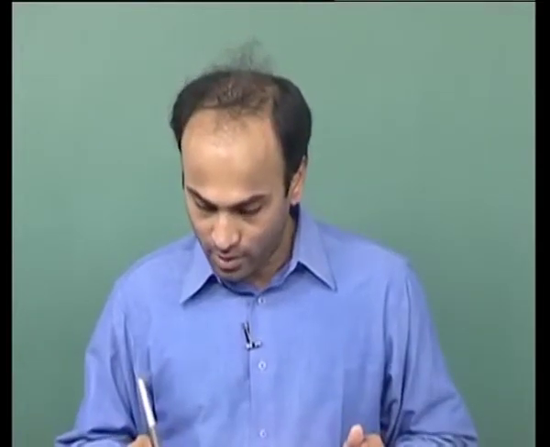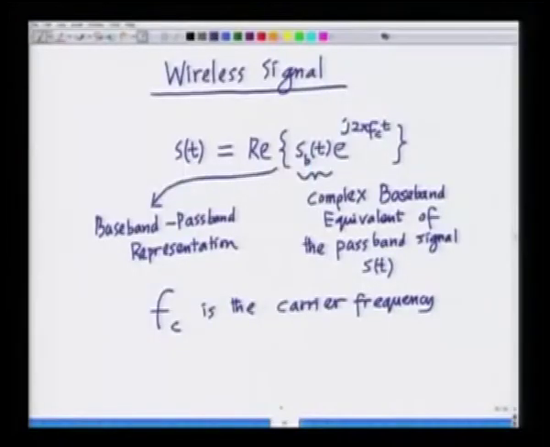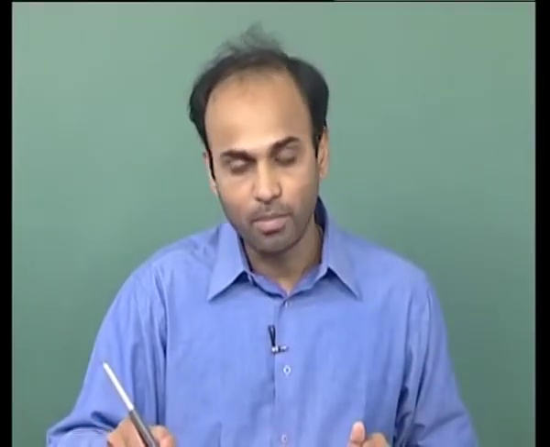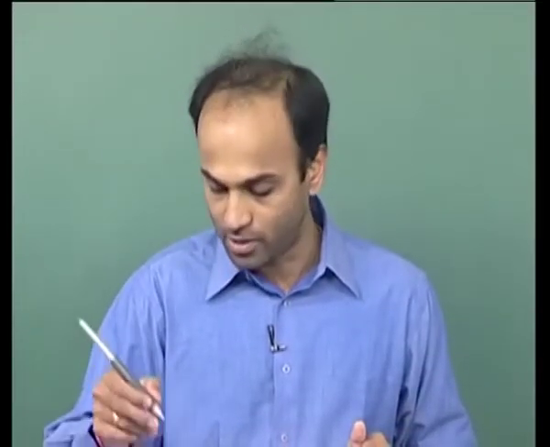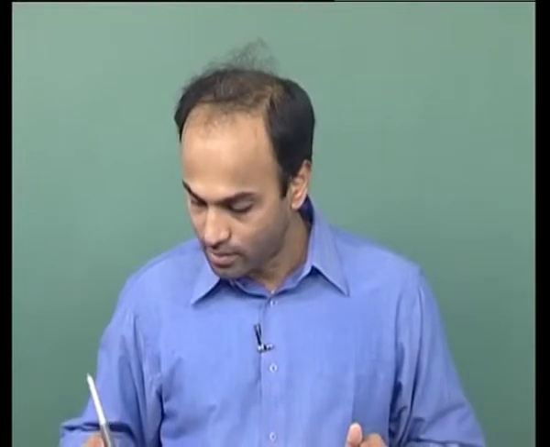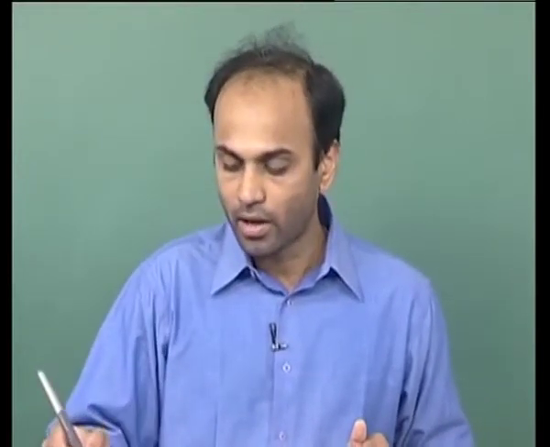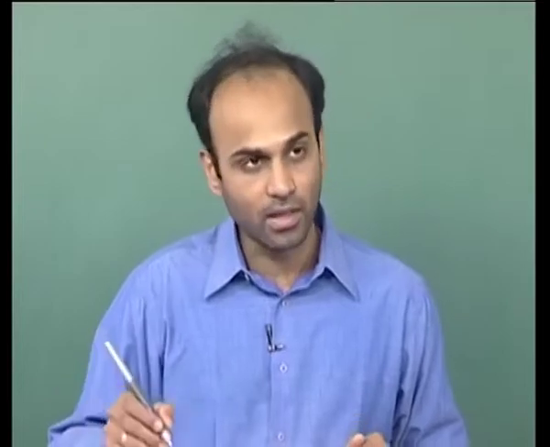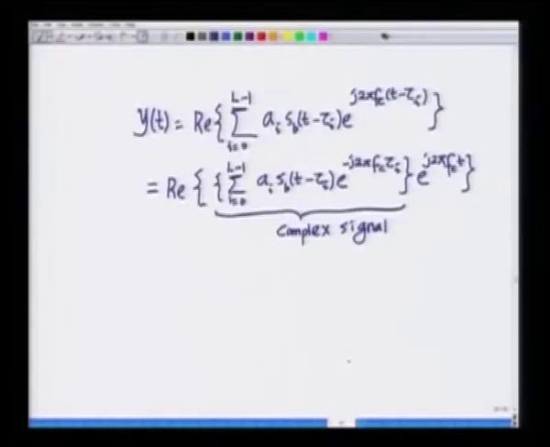For instance, let me go back a couple of slides. We said if you have a signal s(t), which can be written as the real part of s_b(t) e^(j 2 pi f_c t), then the complex signal s_b(t) corresponds to the complex baseband signal. Similarly, here the complex signal in the brackets corresponds to the complex baseband received signal.